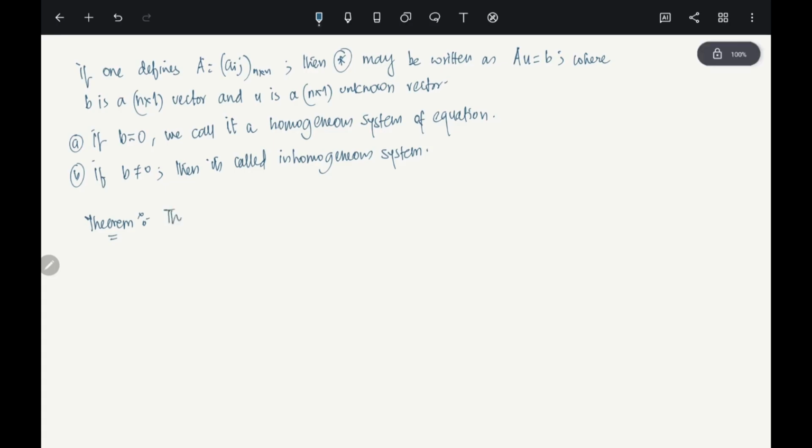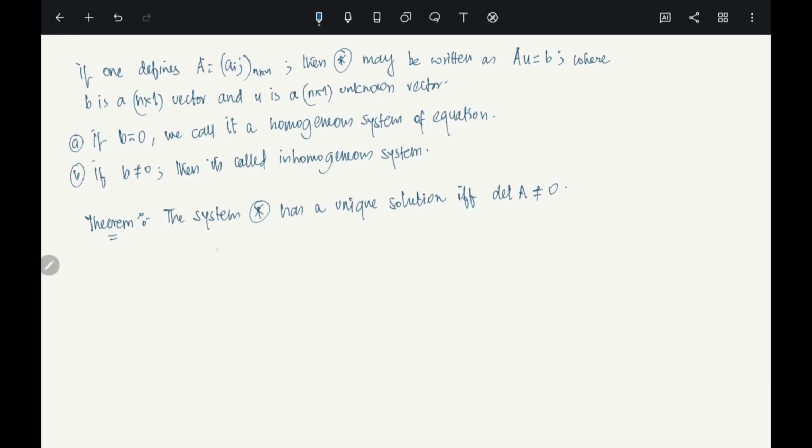So the system star has a unique solution if and only if the determinant of A is not equal to 0. Okay, that is quite true.